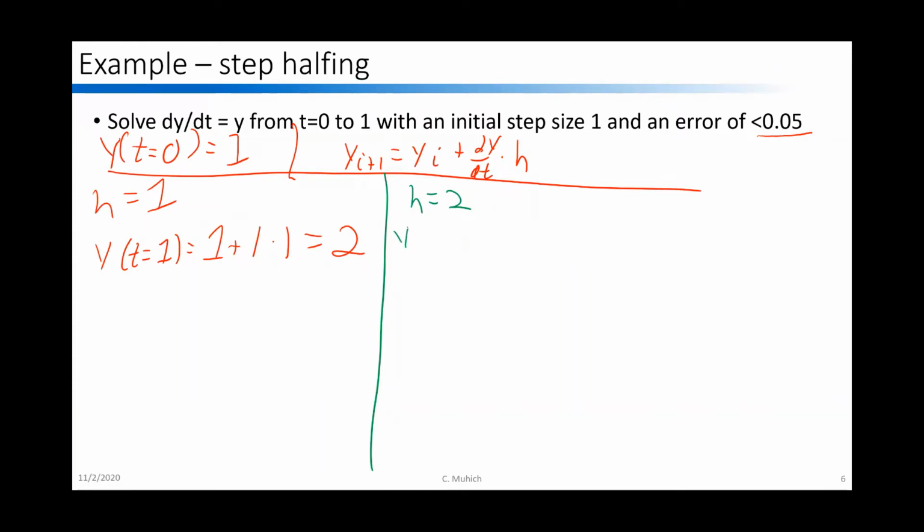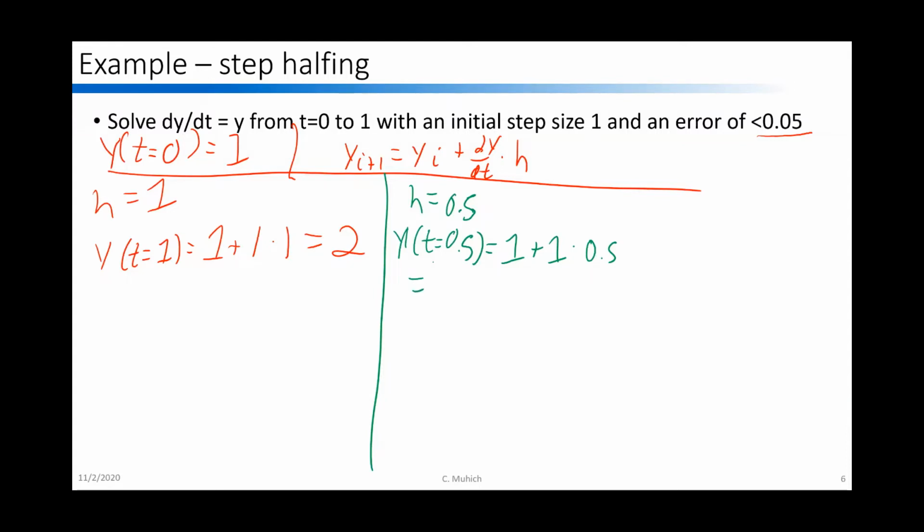So first I need y at t equals 0.5, which is equal to y at 0 plus my derivative, which is 1, times my step size of 0.5.